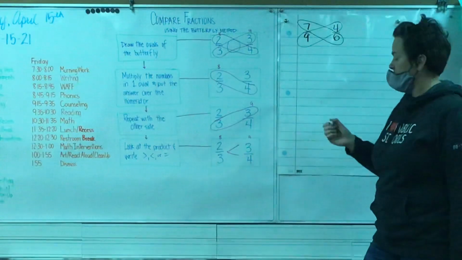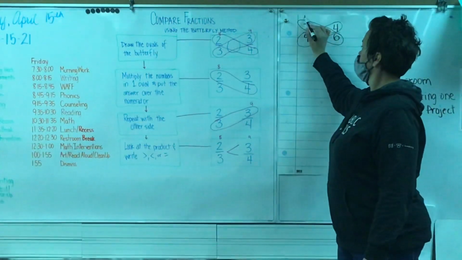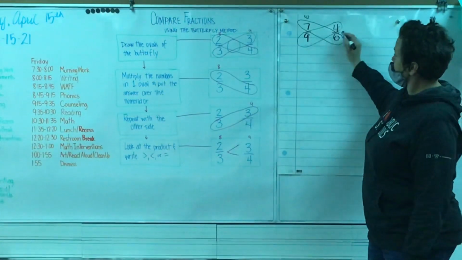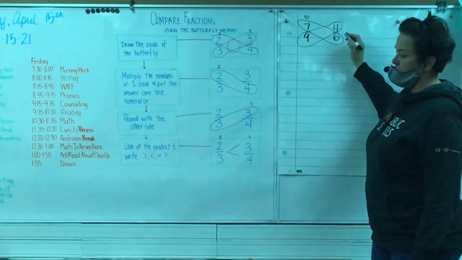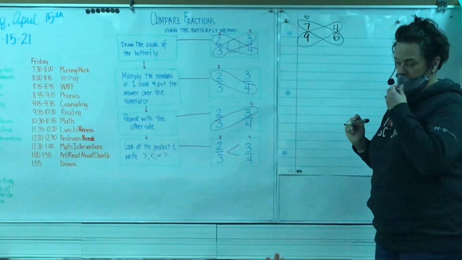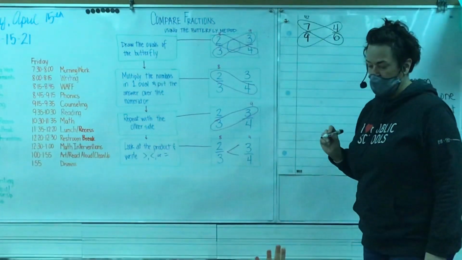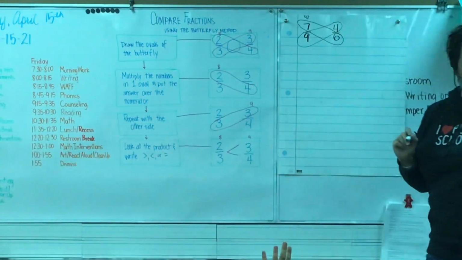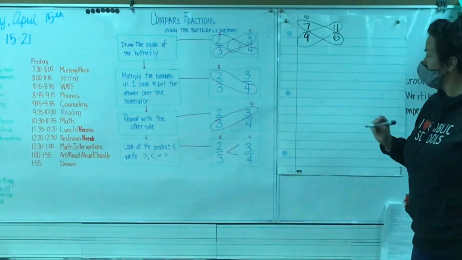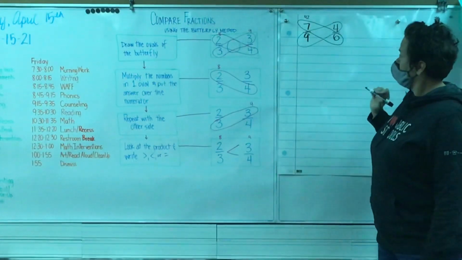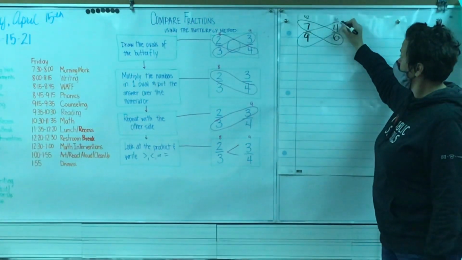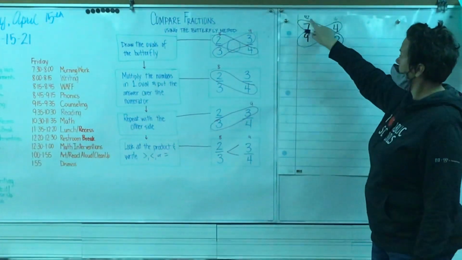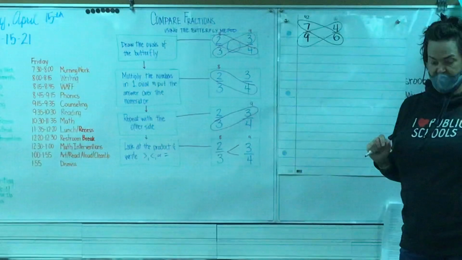Amy? 42. It is 42. Then what is 9 times 4? Reese? 36. Okay, now I'm comparing these fractions, but I'm looking at those numbers instead.